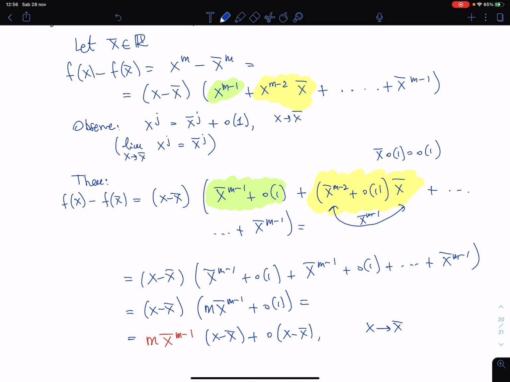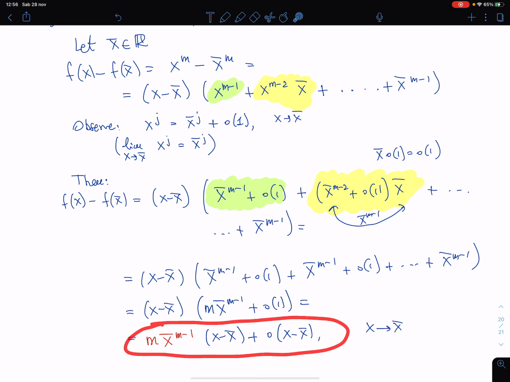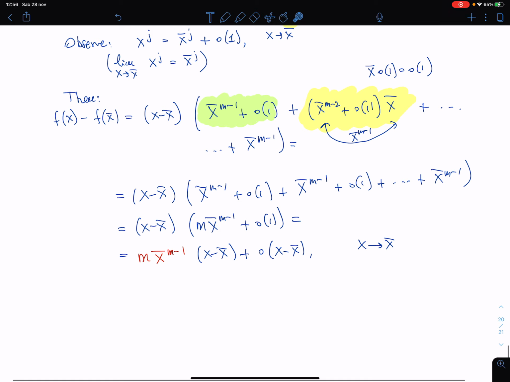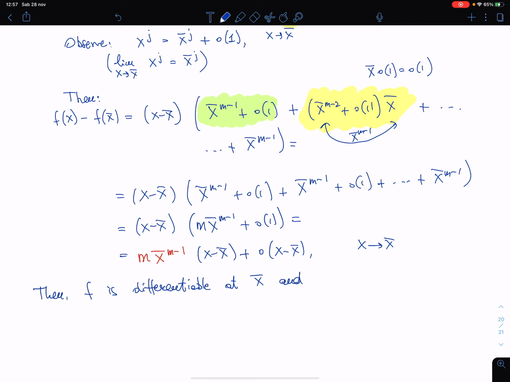Okay? And so this is exactly the statement we looked at in order to get the definition of differentiability and of derivative. So we have here that f is differentiable at x bar, and f prime of x bar is equal to m x bar to the power m minus 1.